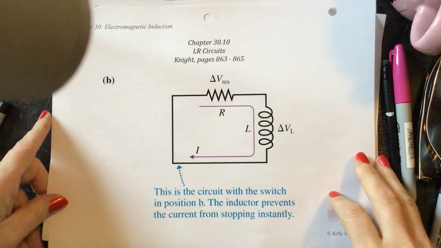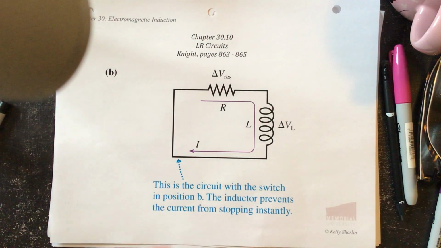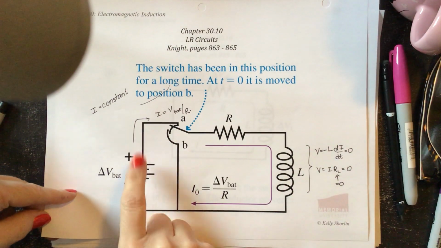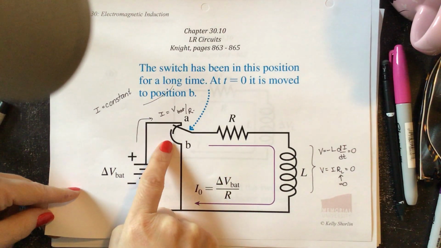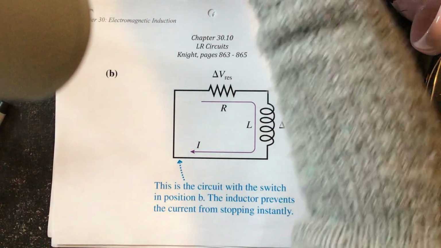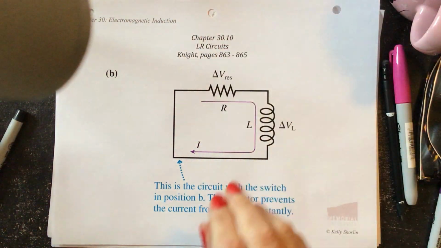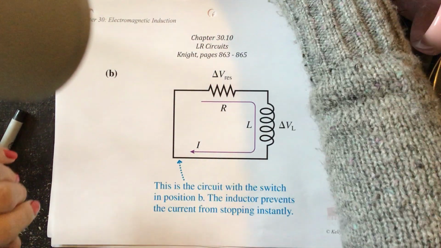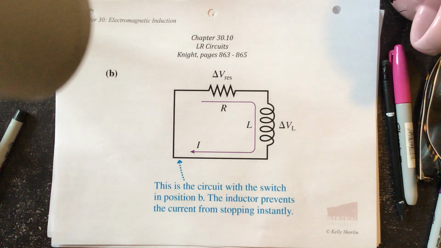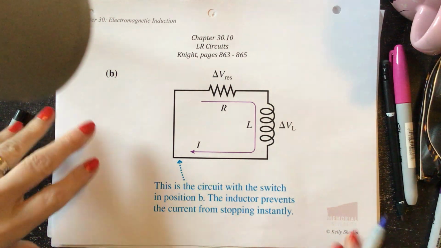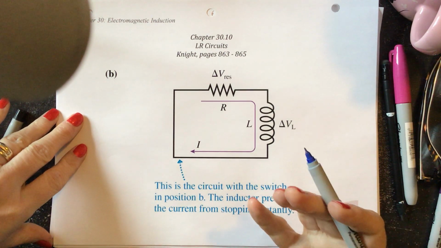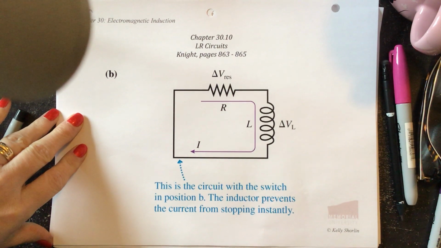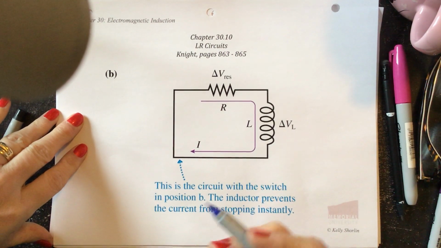If we flip the switch to B, it means the battery is not connected to the circuit anymore. We've opened up the part with the battery in it, so the battery is not part of the circuit anymore. Without the inductor, the current would immediately go to 0. But the inductor opposes that rapid change in current.